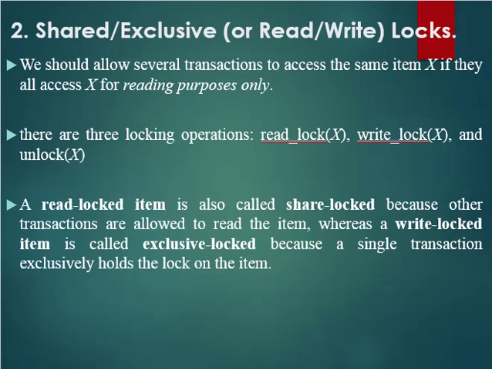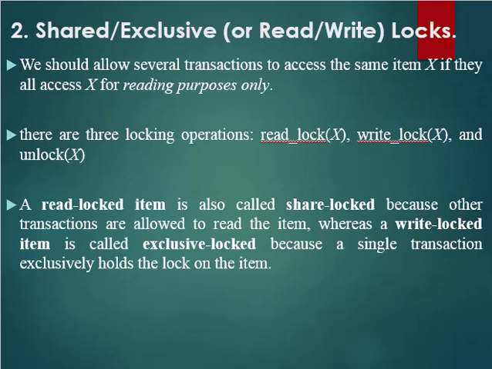We should allow several transactions to access the same data item X if they all access X for reading purposes only. So suppose we are trying to only read a data item; in that case we can give permission to other transactions to read the data item. So we need to change this binary concept.